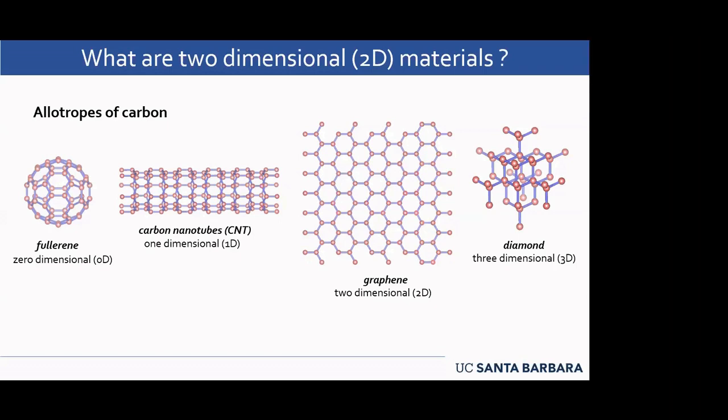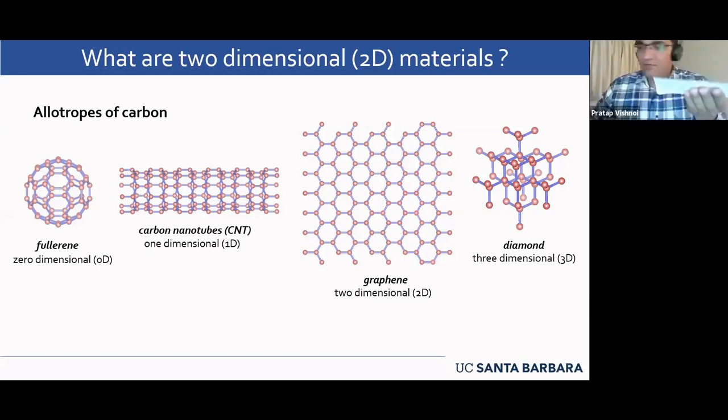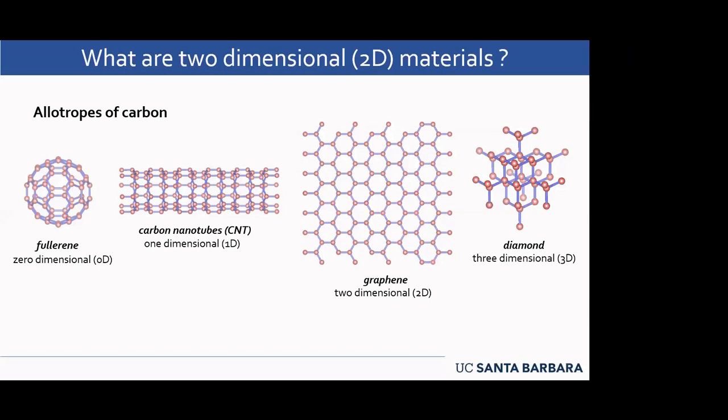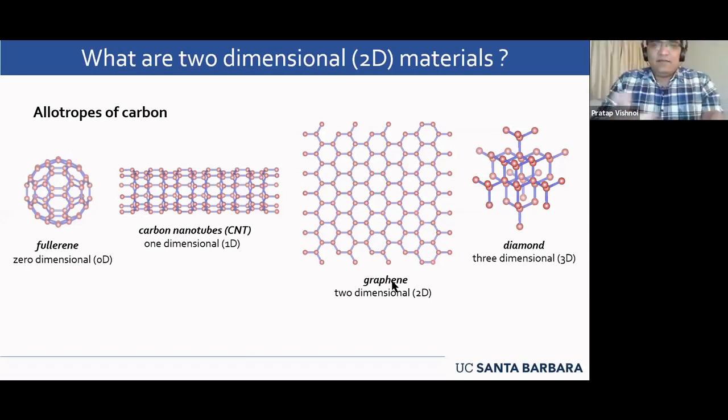So let me take this paper and try to explain what it is. Yeah. So this paper is analogous to graphene in terms of its morphology, but not in terms of thickness. This thickness is too much if we consider this particular material on the screen.